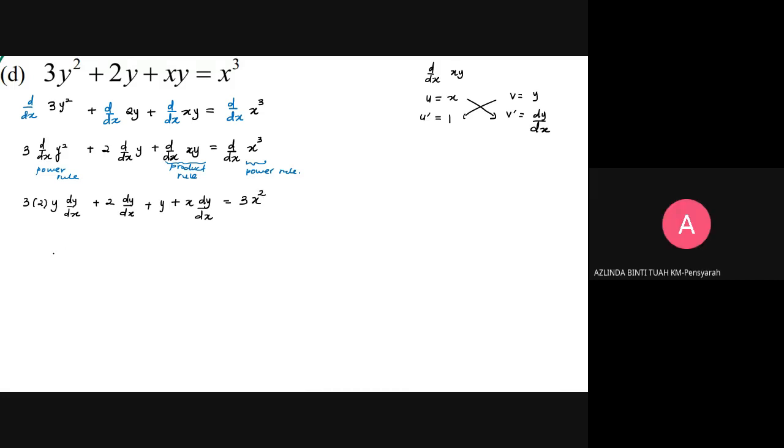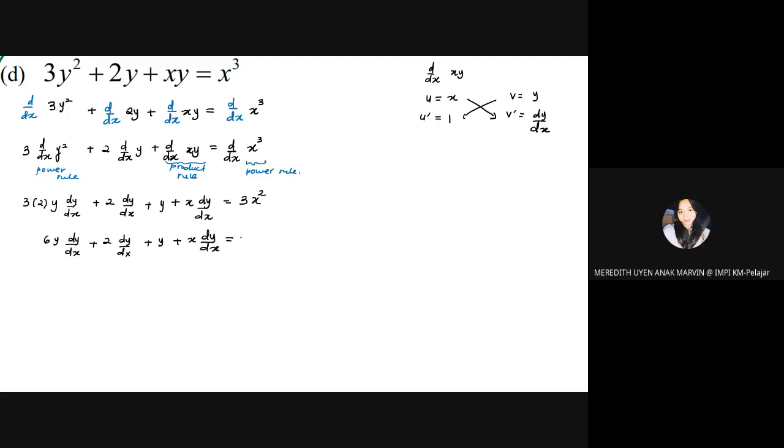Okay, what's next? Next, multiply, so 3 will get 6y dy dx, and then plus 2y, 2 dy dx, and then y, and then plus x dy dx.